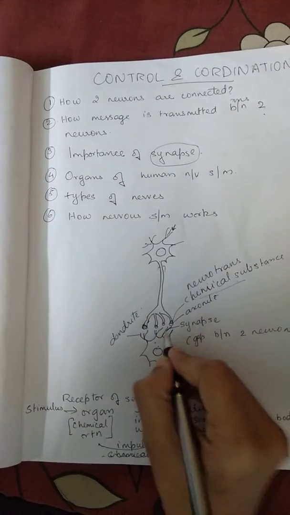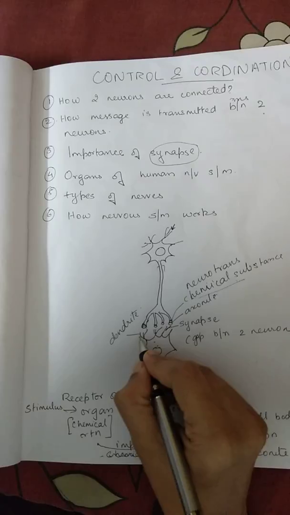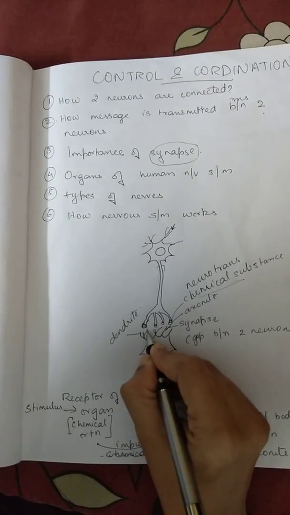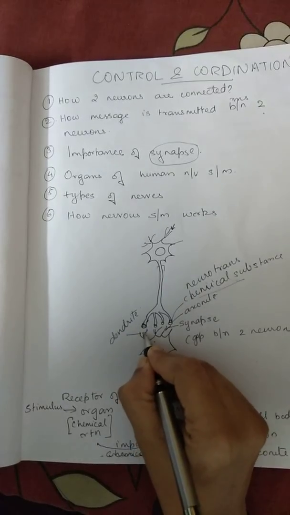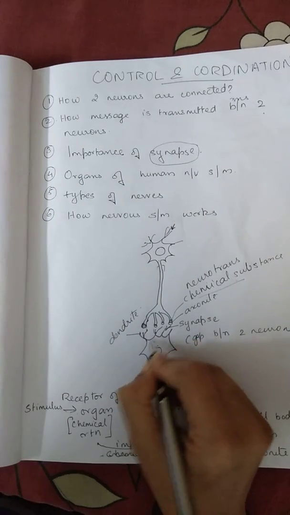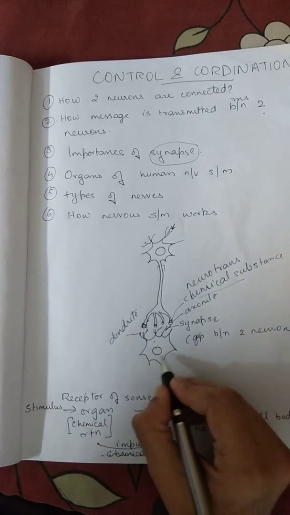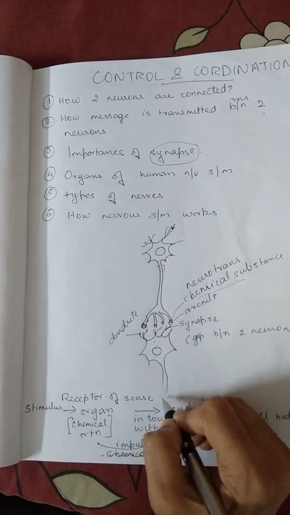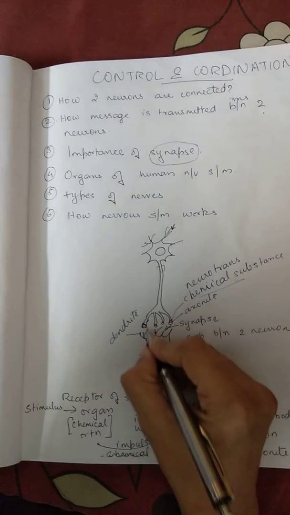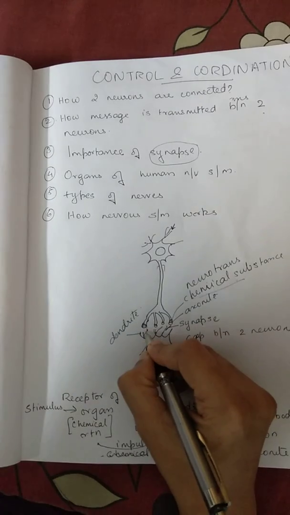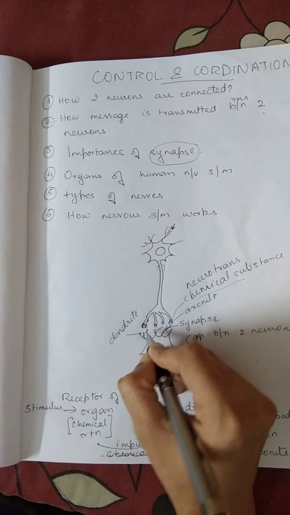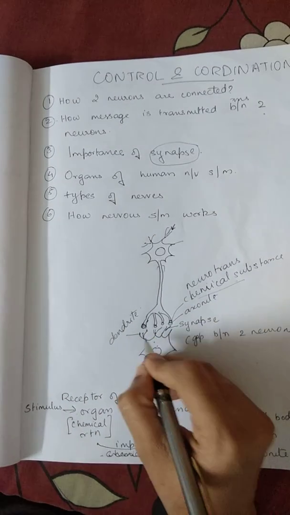These neurotransmitters are received by the dendrite, and because of them another electric impulse is generated in the dendrite, which again sets off the electrical impulse into the cell body, and from there into the axon. So the neurotransmitters are the ones setting off the electrical impulse in the next neuron.